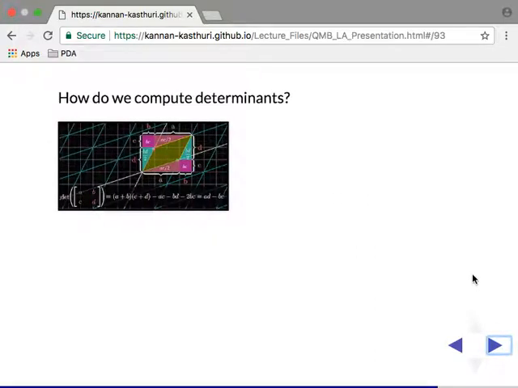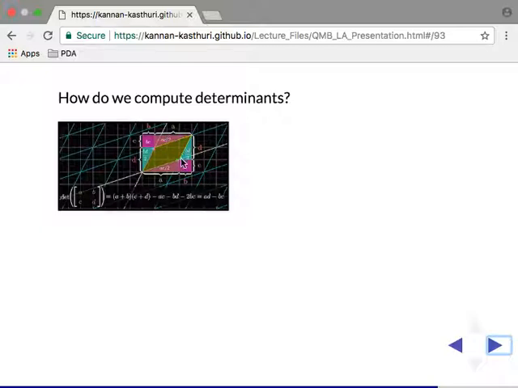Okay, so that's important. So how do we compute determinants? You have the determinant of a, b, c, d, right? This is a nice visual to do that. If you think of a, b, c, d as this, you can immediately see the area of this parallelogram.